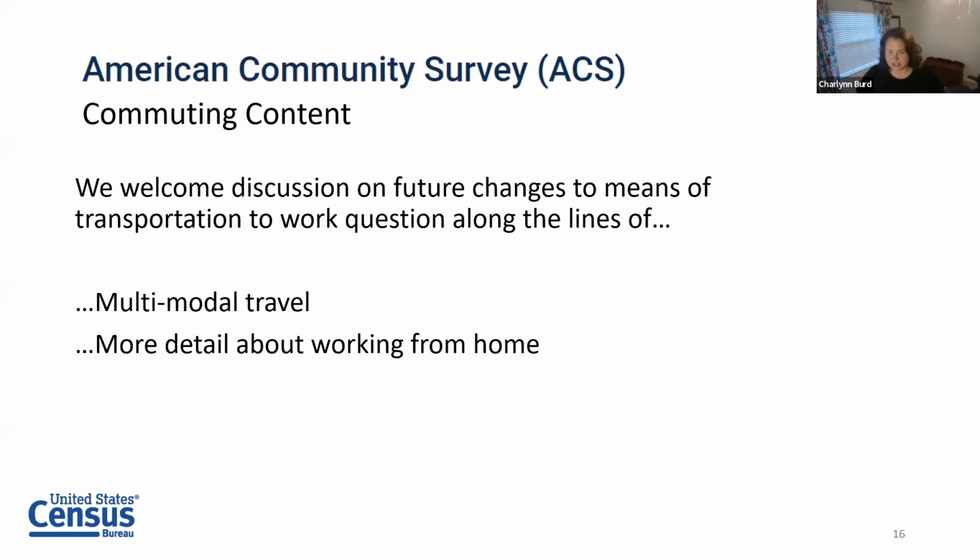So adding a question or making a change to the ACS involves extensive testing, review, and evaluation over a 5-year period. This ensures that the change is necessary and will produce quality and useful information for the nation.